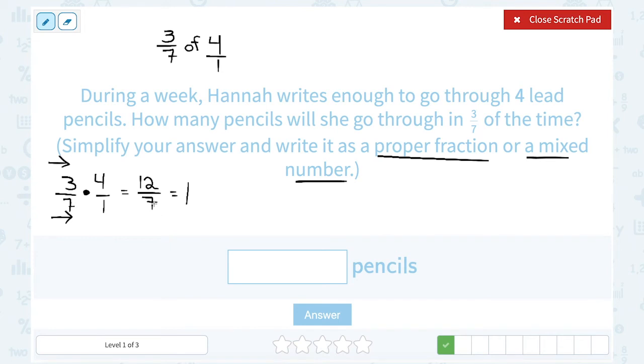Okay, so 7 times 1 is only 7. So to figure out the numerator, I would say, okay, well, what's the difference between 12 and 7, right? So since it only went in there once, 12 minus 7, that's going to leave me with 5 left out of the 7. So it's the same as 1 and 5/7.